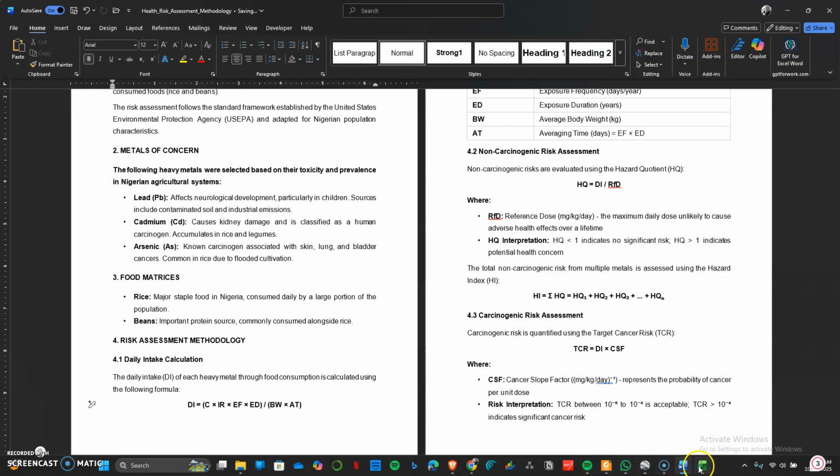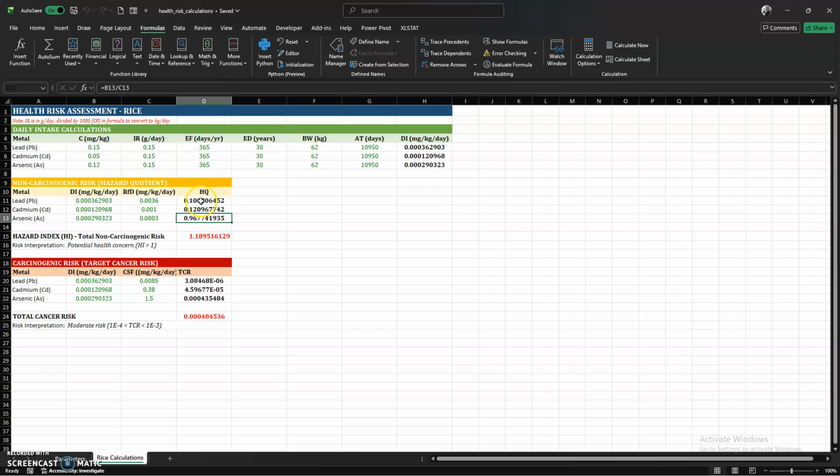That is what we are seeing from our result. All of them are less than 1, so there is no risk of consuming the rice in our study area that has the lead concentration that we measured in the lab. The one that has the highest risk was probably arsenic, but it was still less than 1.